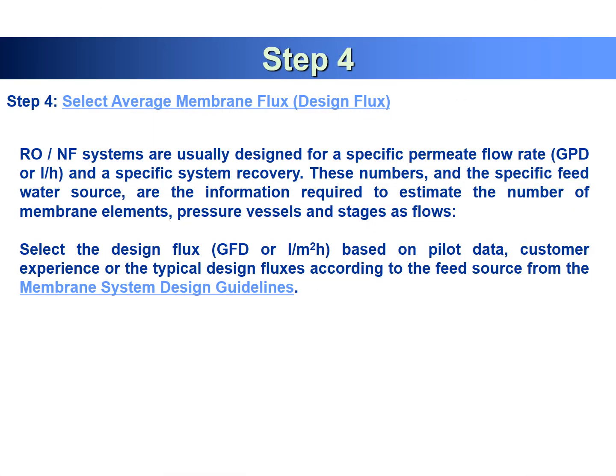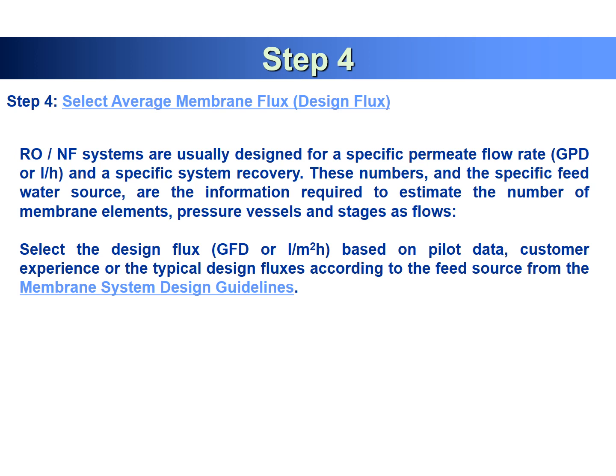next step is to select average membrane flux. RO systems are usually designed for a specific permeate flow rate, liter per hour, and the specific system recovery. These numbers and the specific feed water source are the information required to estimate the number of membrane elements, the membrane pressures, and stages as flows.